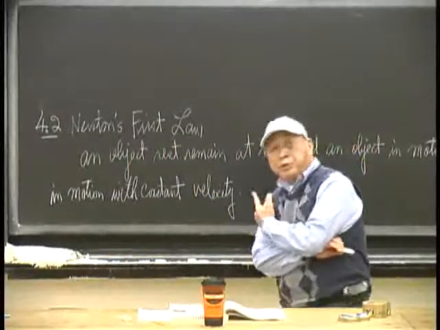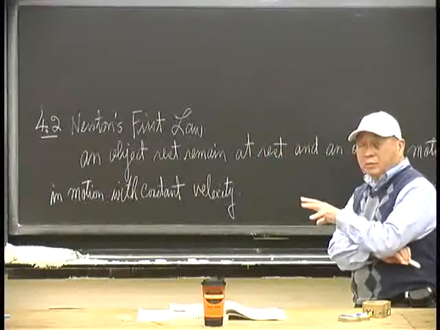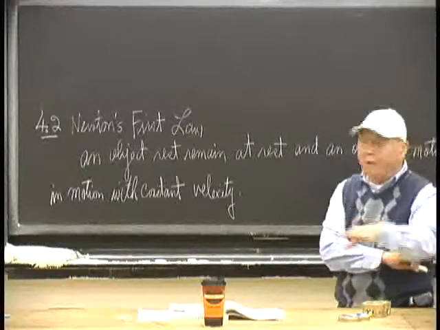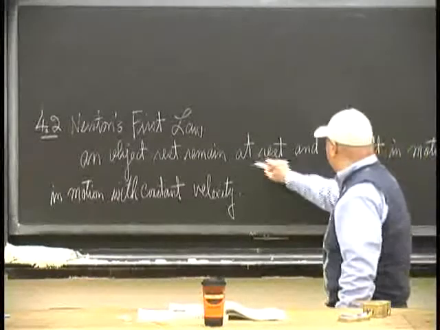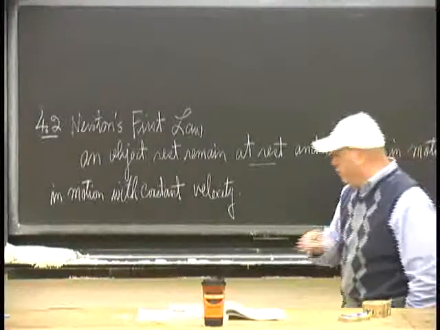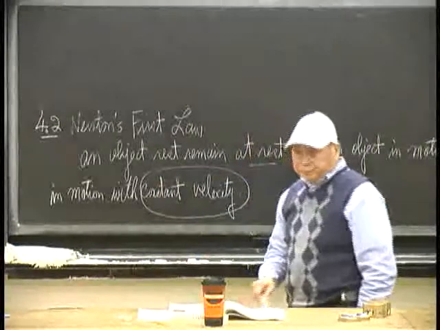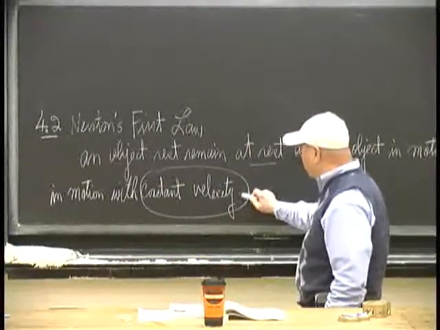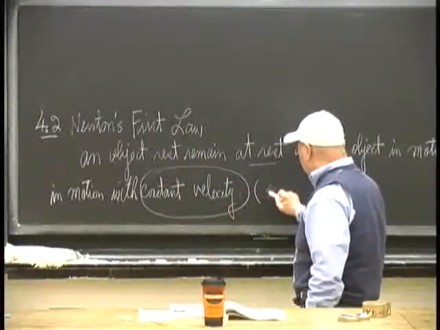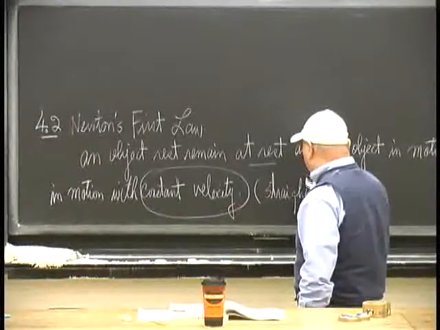We will do Newton's first law next week. He says an object at rest remains at rest, and an object in motion continues in motion with constant velocity. Now this means that the object travels in a straight line.